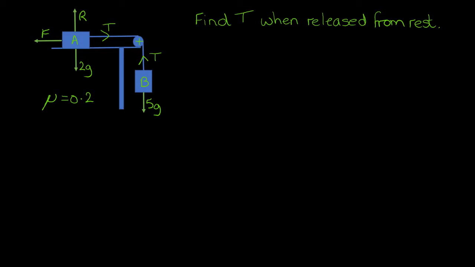First of all, we can work out that R must equal 2G by resolving vertically. And so that leads us to work out that the friction will be 0.2 times 2G, which means it's going to be 0.4G. So we've got our friction there.